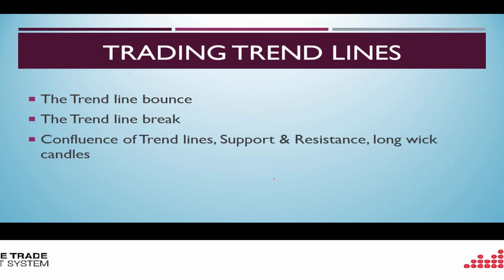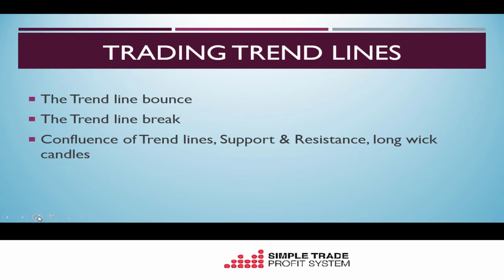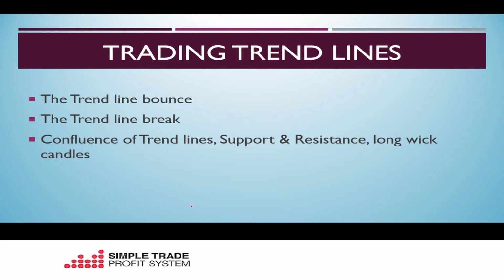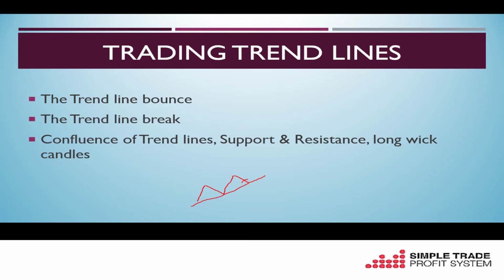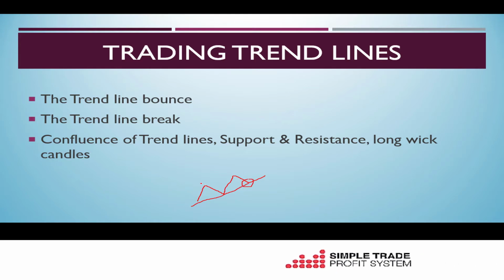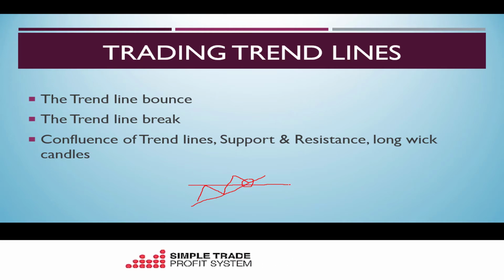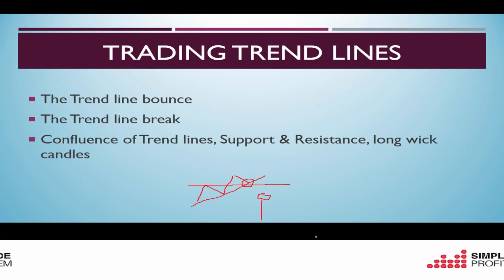This is basically finding areas where, let's say you have a trend. Let me pull the pen out. Let's say you have a trend going up, and you're looking to buy right here. Well, you may also have a support line right there as well, and you may also have a candle that looks like this as well.